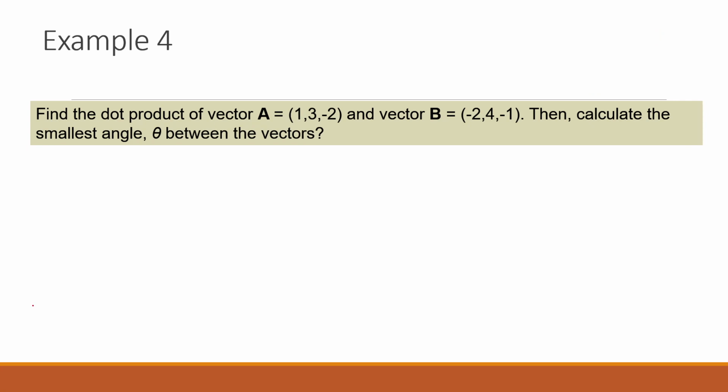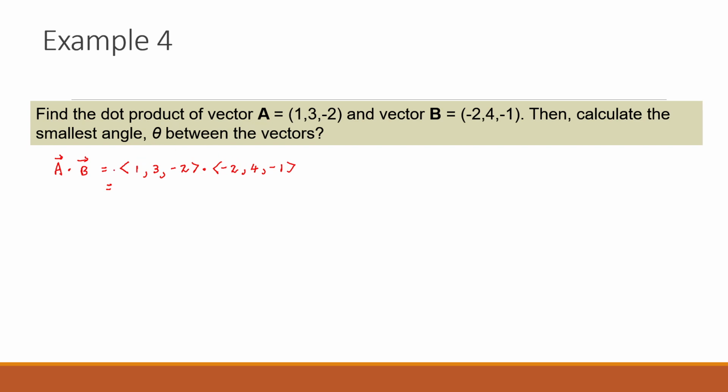So for the dot product of A and B, I can use another notation for the vectors. This is 1i, 3j, negative 2k dot with negative 2i, 4j, negative k. For the dot product, the result is from component I dot I, because I dot I is 1, other components will be 0.